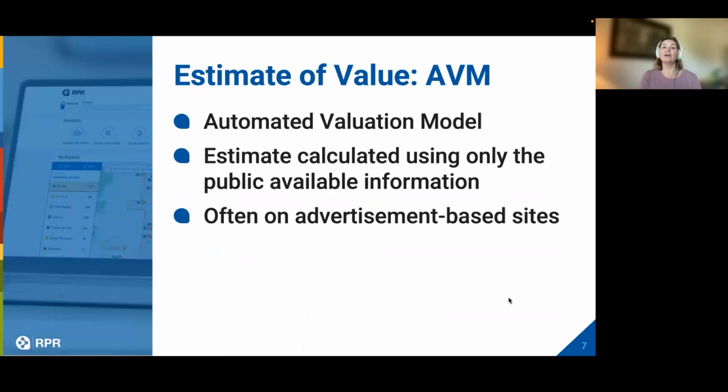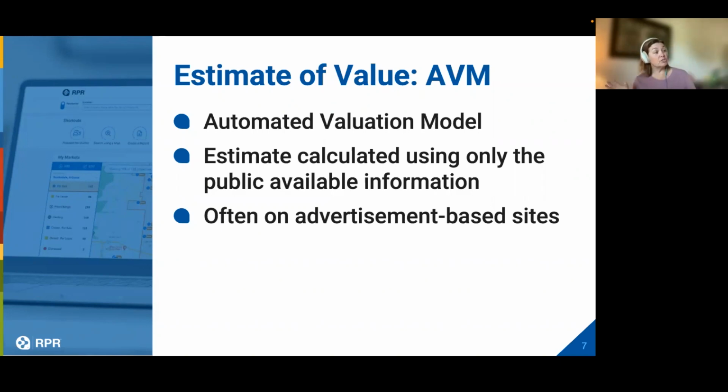Now, in RPR, we do have estimates of value. An automated valuation model, or an AVM, is just a mathematical algorithm used to determine value for a property. These are oftentimes on advertiser-based websites, and they're accessible by everyone.